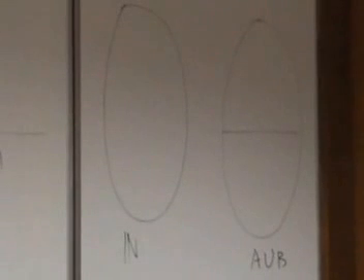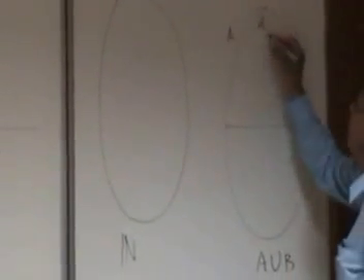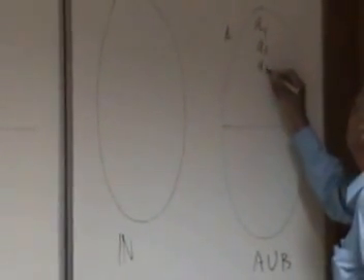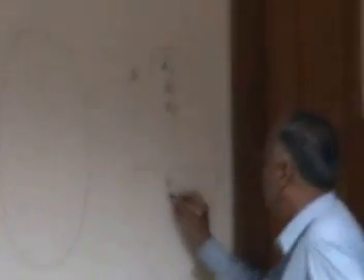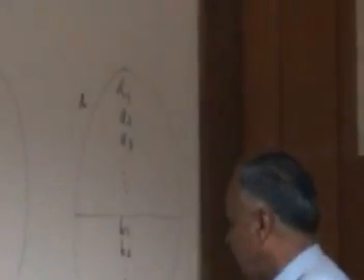They are disjoint, I have taken for the time being. A is countably infinite, therefore it can be arranged in a sequence: the elements of A can be written as A1, A2, and so on. B is countably infinite, therefore the elements of B can be arranged as B1, B2, B3, etc.